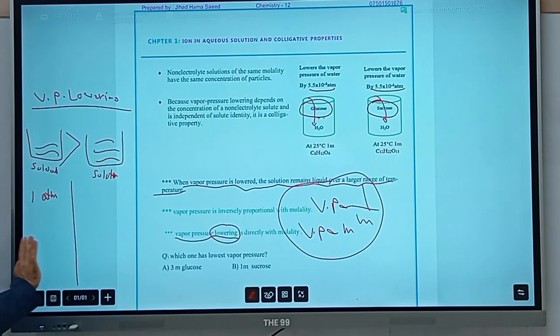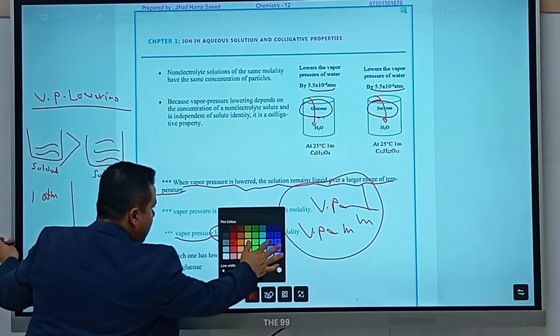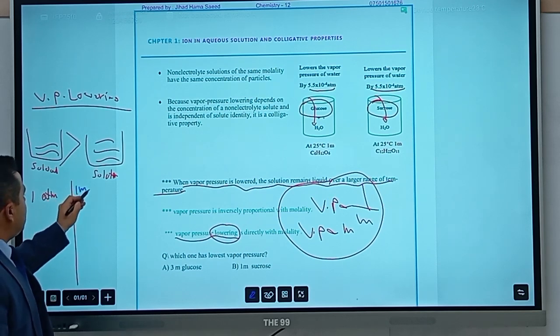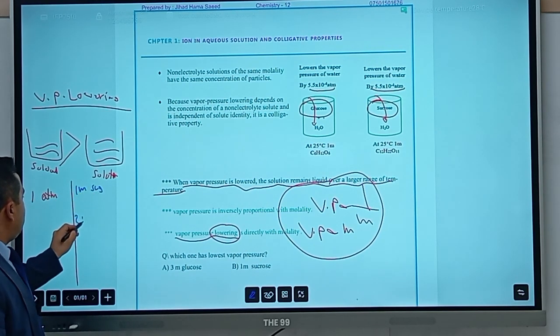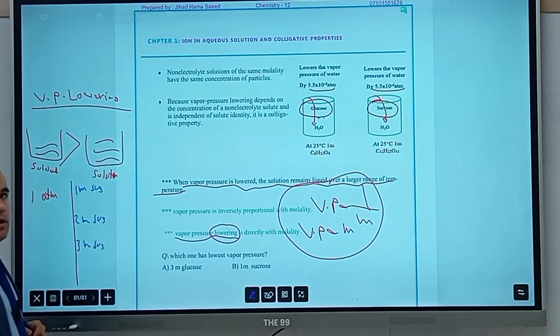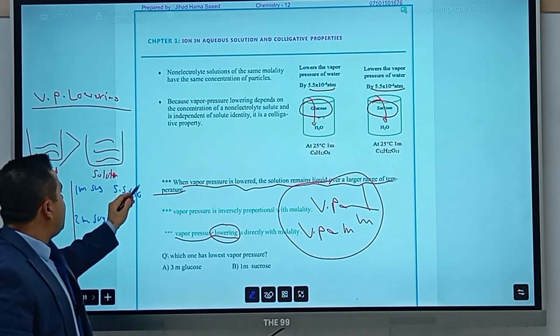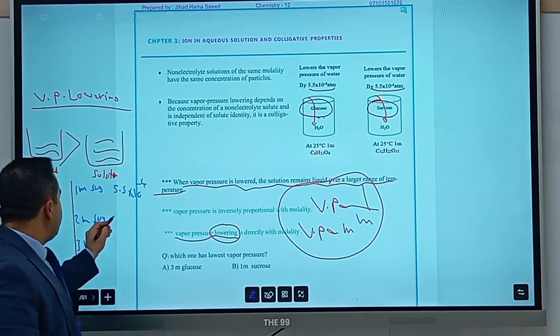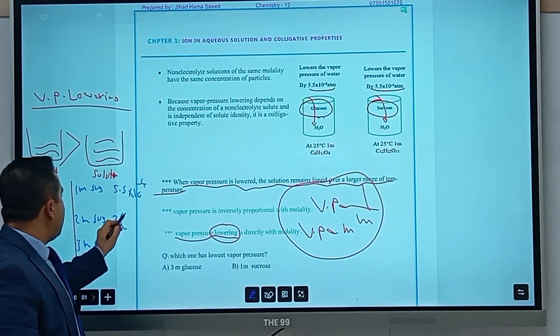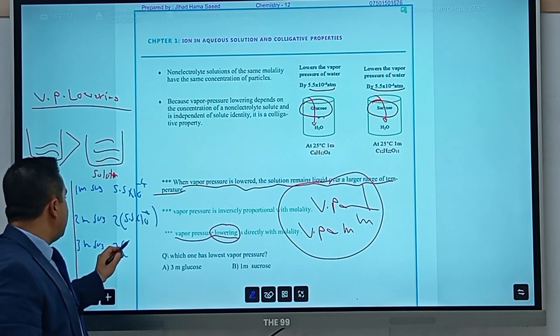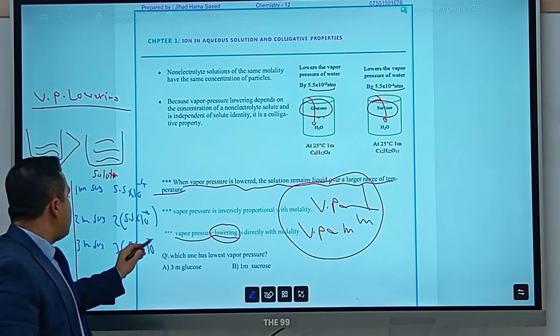This is a supposed suggestion, guys. 1 molarity of sugar, 2 molarity of sugar, 3 molarity of sugar will reduce the vapor pressure by 5.5 10 to the power minus 4 atm, and then 2 multiply 5.5 10 to the power minus 4, and then 3 multiply 5.5 10 to the power minus 4 atm.